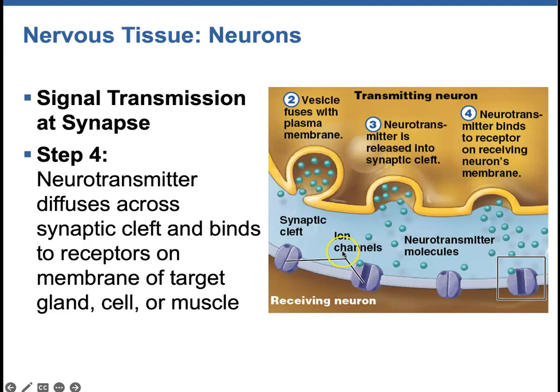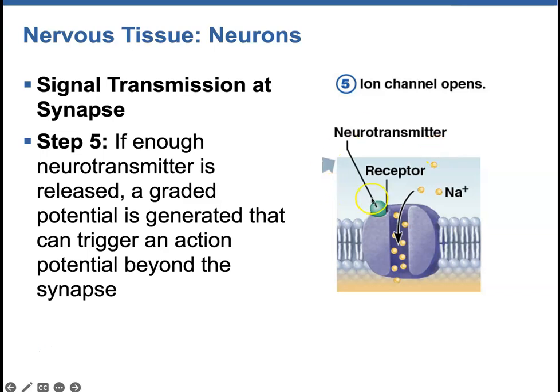It's really important that this neurotransmitter crosses the synaptic cleft and binds to its chemical gate, or what's called a ligand gate. Once the neurotransmitter attaches, remember, sodium starts trickling in. When that sodium trickles in, it changes the inside of this membrane to become more positive.